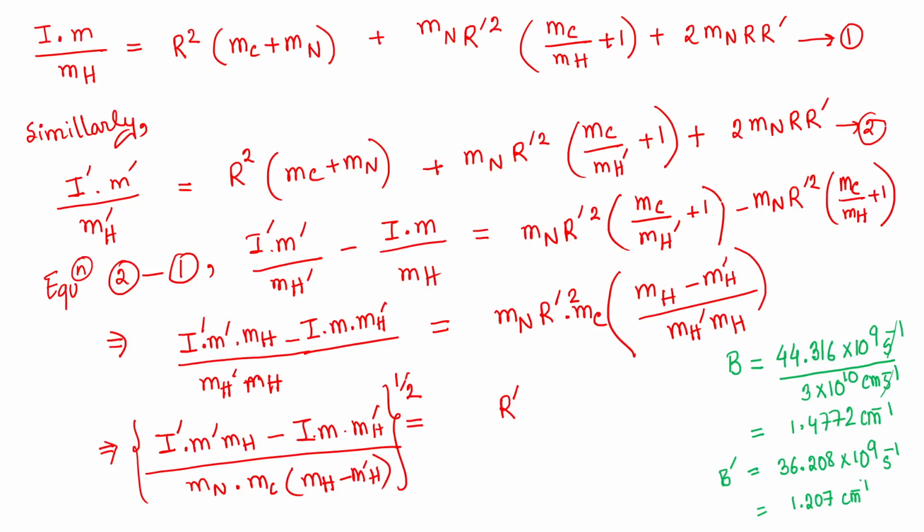Okay. So why has your rotational constant decreased? Because your mass has increased, because it goes from a proton to deuterium, right? So your rotational constant has decreased.